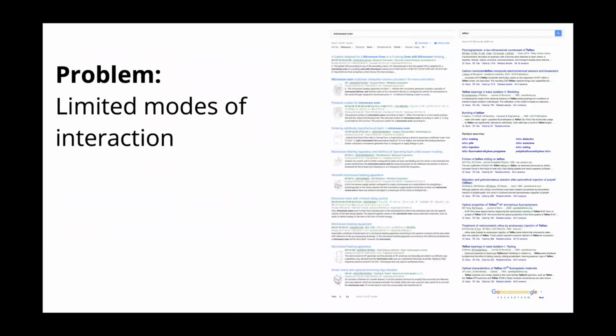A main hurdle is that the way we currently interact with these repositories of ideas via standard search engines is very limited and does not come close to tapping into the potential for augmenting and scaling human ingenuity.